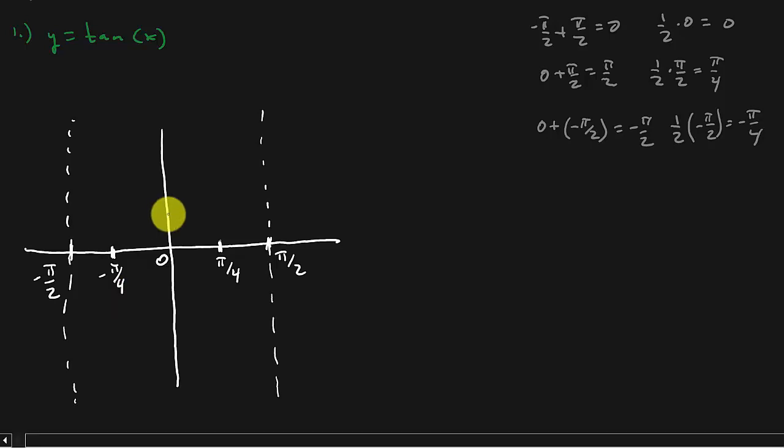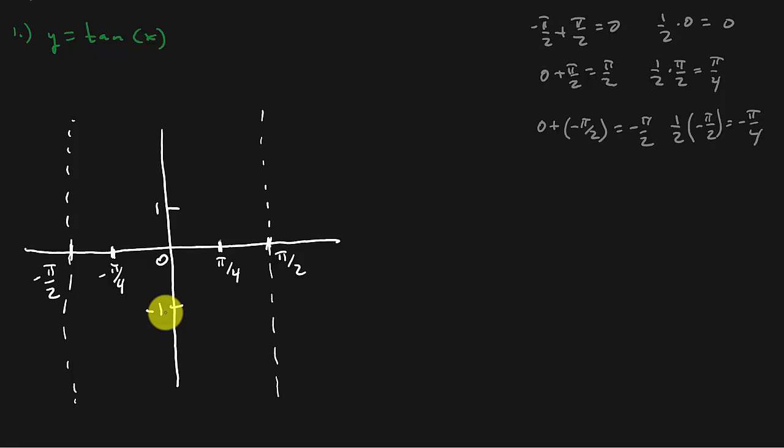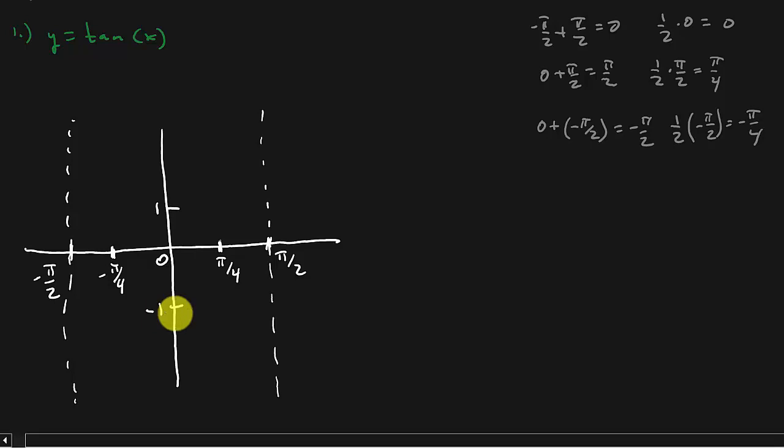Then we're going to mark off 1 and negative 1 on the y-axis. Just bear with me right now; you'll see as we work through the examples how that changes. But just remember, when you have just tangent x, it's just 1 and negative 1.